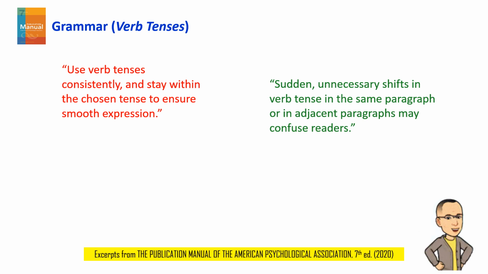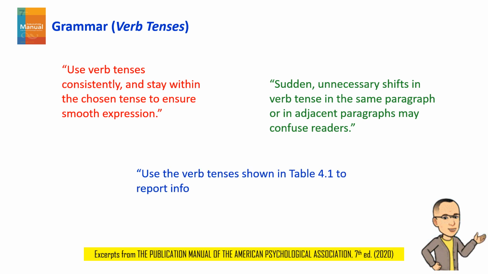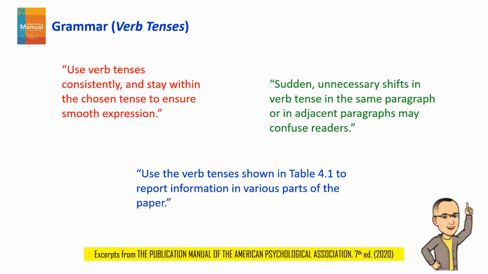To facilitate effective communication, authors are encouraged to use the verb tenses shown in Table 4.1 to report information in various parts of the paper, as specified in the manual. By adhering to these guidelines, writers can enhance the readability and comprehensibility of their academic work, thereby strengthening the overall impact of their research.